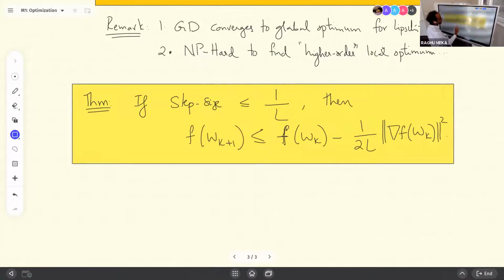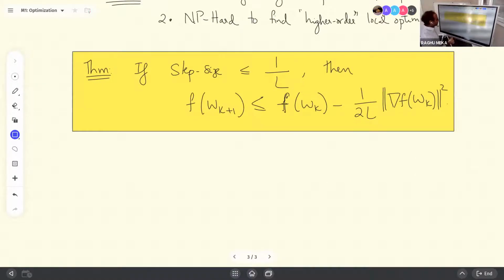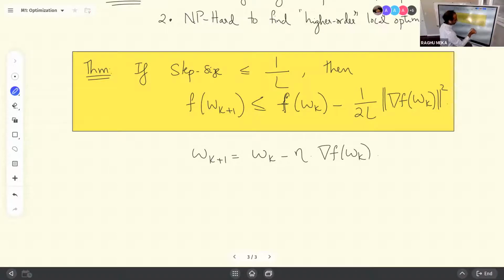Okay, so let's parse this. Recall that the algorithm was the update, where eta is the step size. So I decrease along the gradient by some number eta.